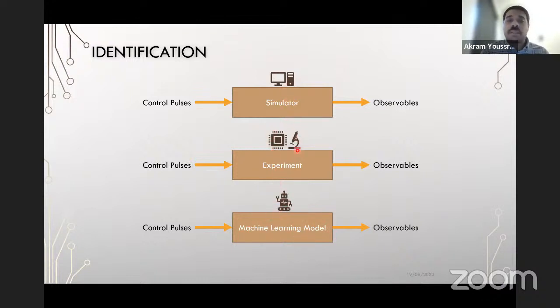We can use it to replace the experiment, to predict observables, to do control, to do anything we want. Essentially, it's a replacement of the actual device. You have a piece of computer software that replaces your device. This is why we need to train the model on experimental data. The machine learning model has to be trained on actual characterization data that we collect from the experiment.